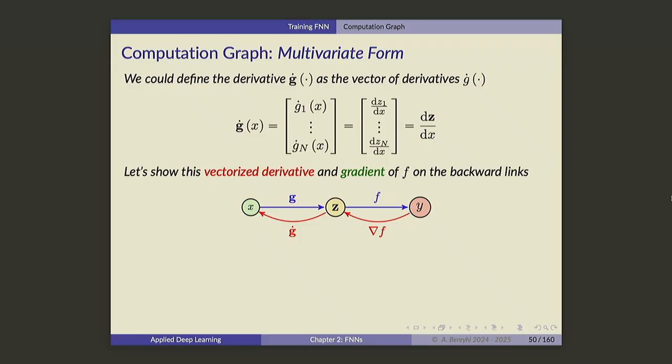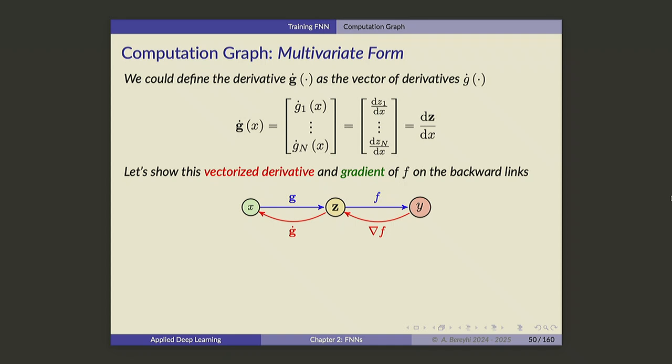And now, if I want to get on the computation graph and show the backward path, what can I say? I have this particular y, and then I have this z. This is an n-dimensional vector. If I want to compute the derivative of y with respect to input, what kind of derivative do I have? A gradient, right?